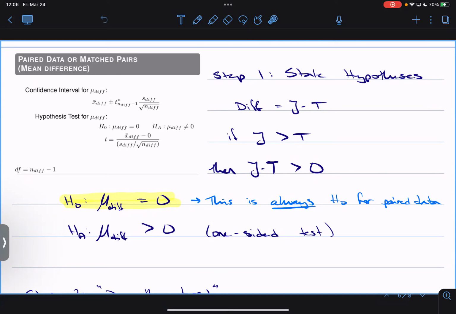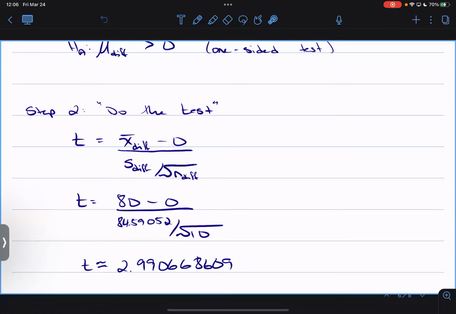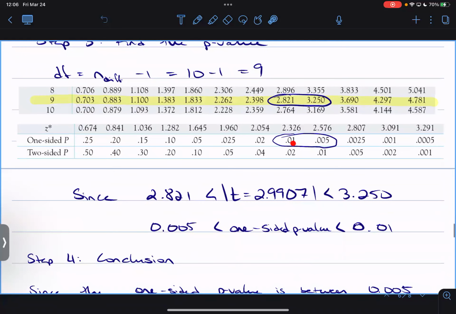Then we calculated our t, and used the table to find the p-value at 9 degrees of freedom. We had a one-sided test, and so our p-value is somewhere between 0.005 and 0.01.